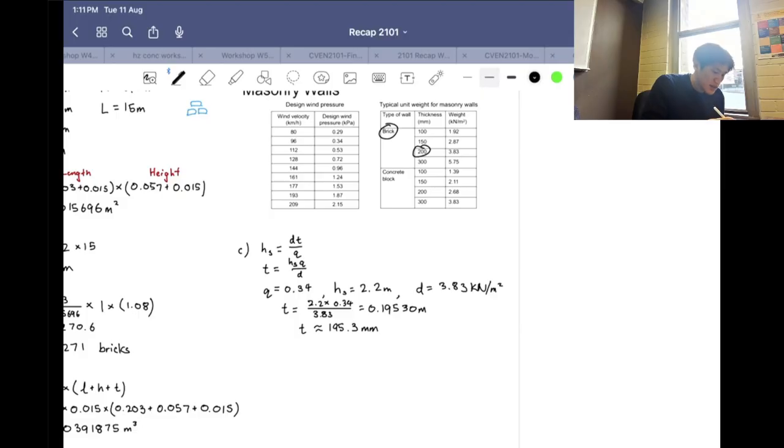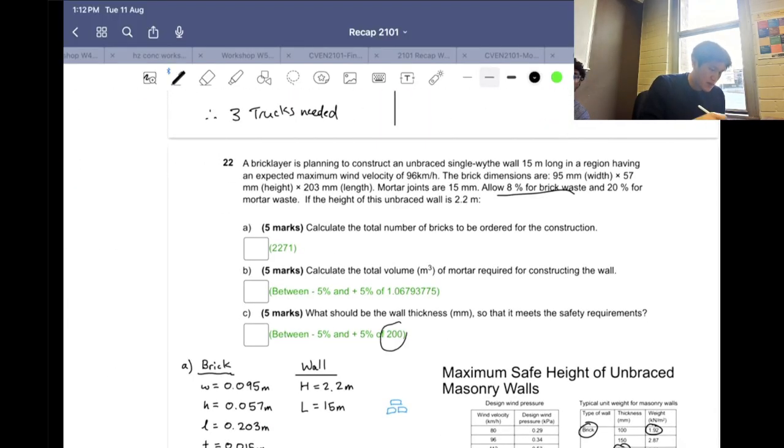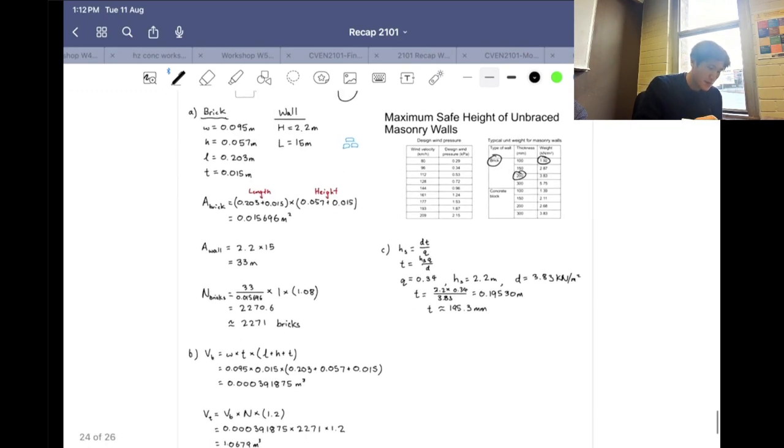If I plugged in, let's say 100, you would get a thickness that's different, if you use the weight for 100. But there's only 4 options, so you can just have a try and see which one matches up best. Yeah, it's close enough to 200, so amazing.